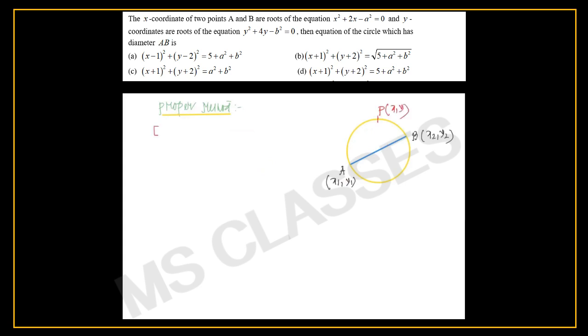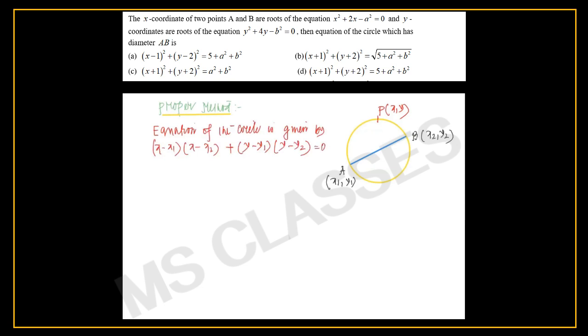So equation of the circle is given by x minus x1 into x minus x2 plus y minus y1 into y minus y2 equal to 0.